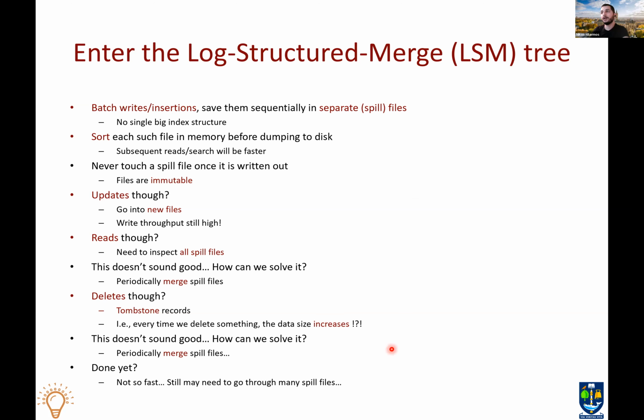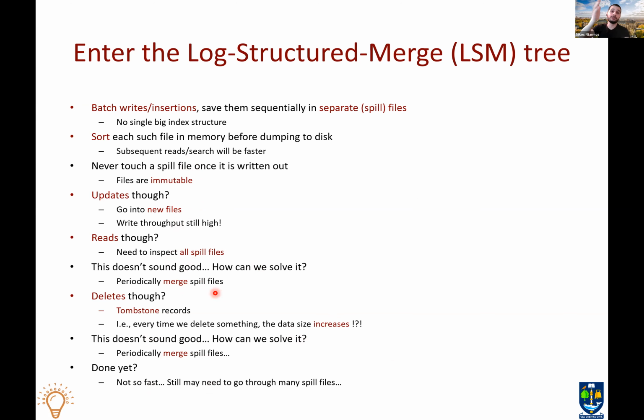Someone asks, how are reads more efficient here? We're still not there, right? So what we have is very fast writes. We are trying to make reads better as we go. So we periodically merge stuff. That means if I scan through my data, I will only find something in one place.